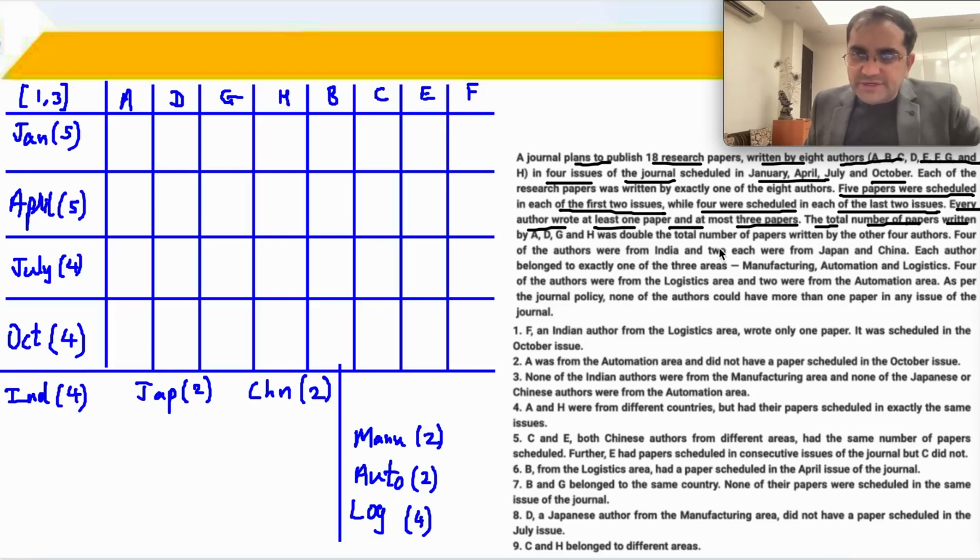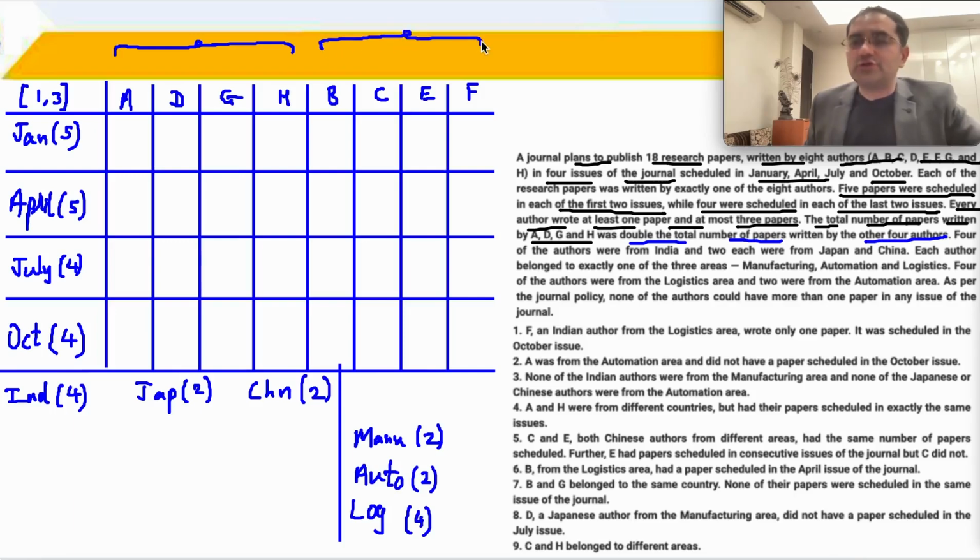Total papers written by ADGH, these 4 guys, was double of the other 4. So this value is double of these 4 values. Double of means 2:1.